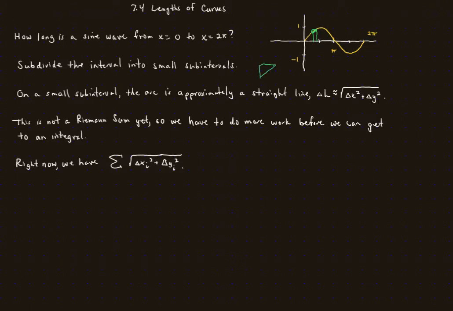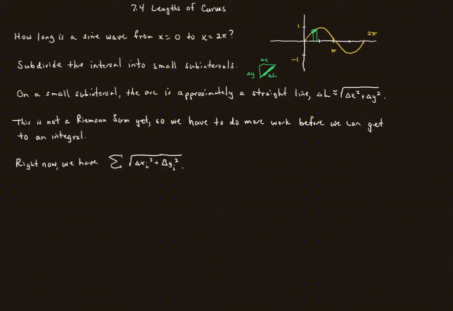That little length is our approximation to that little piece of the arc length, and that is going to be delta x on one side and delta y on the other. So our little delta arc length, the hypotenuse, is going to be given by the square root of delta x squared plus delta y squared.